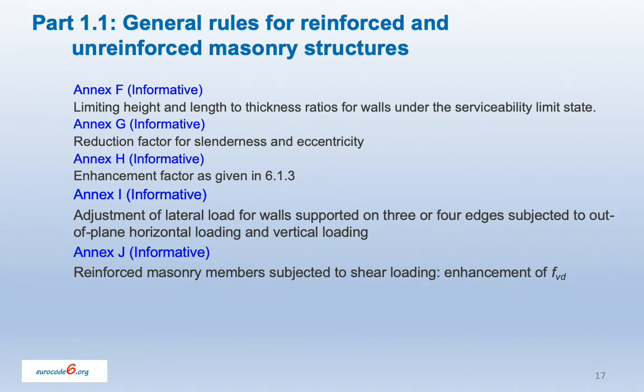Annex F gives us the limiting values for our laterally loaded wall panels, whilst the last annex, Annex J, gives us some enhanced values for reinforced masonry elements subjected to shear loading.